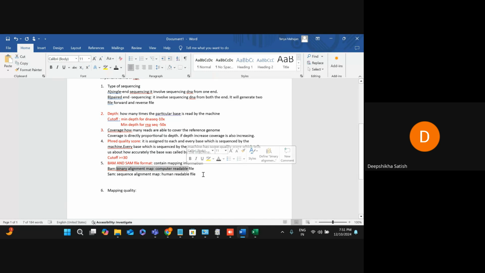That conversion you can do with the help of one tool, that is SAMtools. So SAMtools is going to convert your SAM to BAM file or BAM to SAM file. Okay, got this? BAM and SAM file.